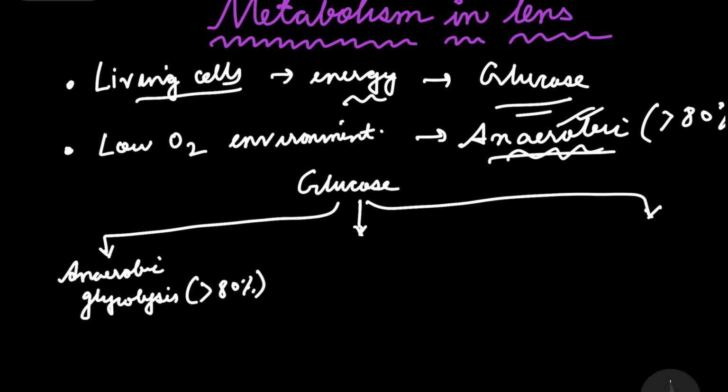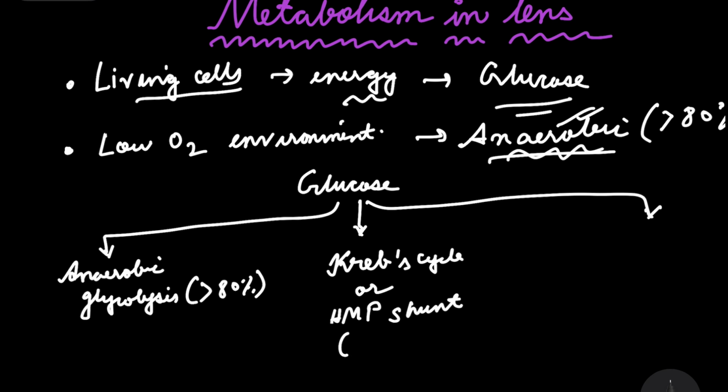Second is the aerobic way, that is the Krebs cycle, or even the HMP shunt, hexose monophosphate shunt. This pathway is more or less 15%. And the remaining, less than 5%, is by something called the sorbitol pathway.